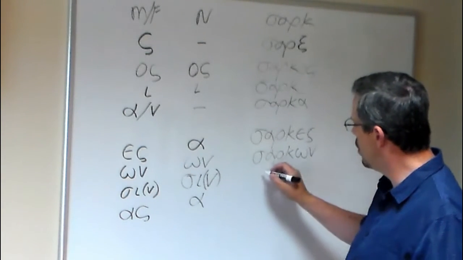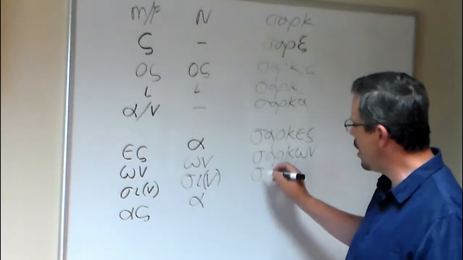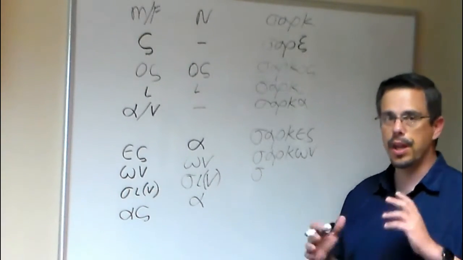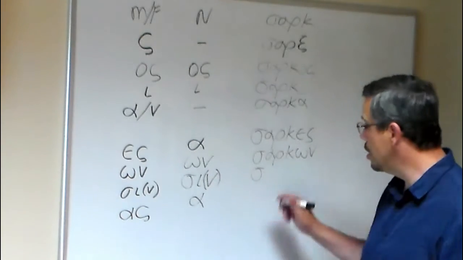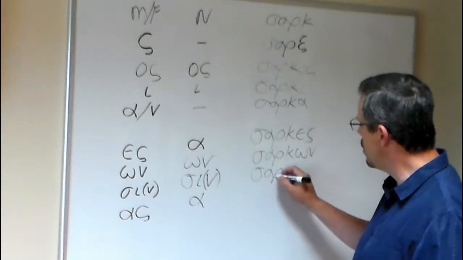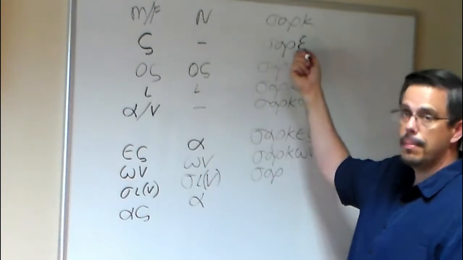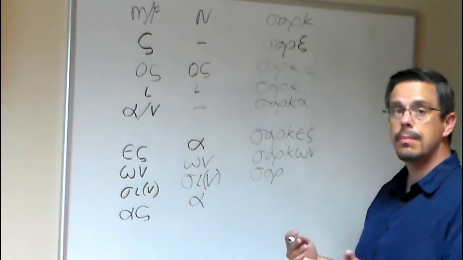Sarkon. Now this is another one where we have a change, because sigma standing next to other consonants, they don't always play nice. But the change here is going to be the same that we see up here. See how that becomes a xi? Well, the same thing happens.